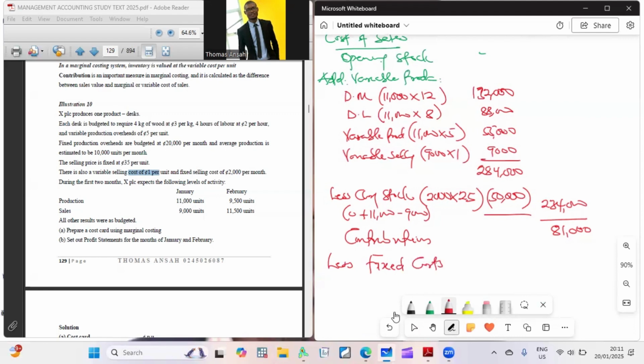We have selling fixed cost and production fixed cost. So the production fixed cost was 20,000. Then the variable one is 2,000. All right. So basically that is that.